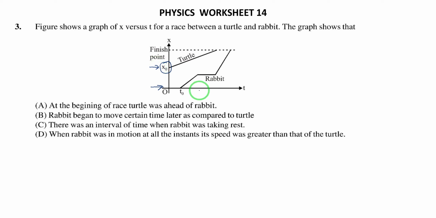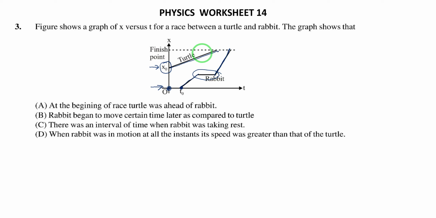Also we can see from this graph that the turtle has started at t equals 0, but the rabbit took some more time to start. So the rabbit started a little late. Also what we see, while the turtle is moving, its slope is giving the velocity. Rabbit starts with some velocity which is higher than the velocity of the turtle. Then it took some rest at this position. X is not changing here. And then again it starts moving, which is again at higher speed than the turtle, right?